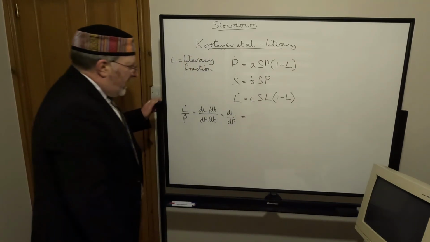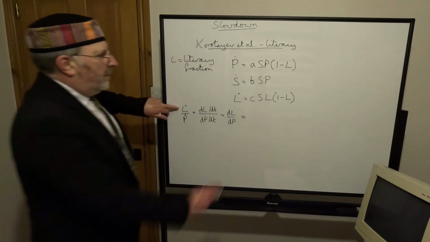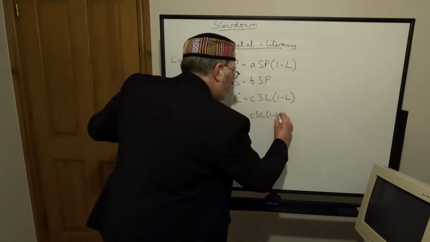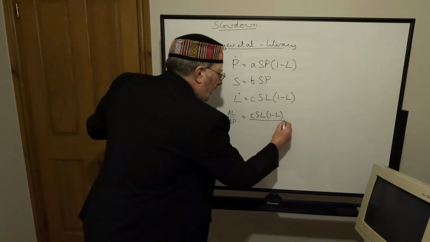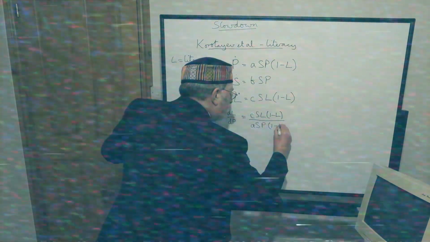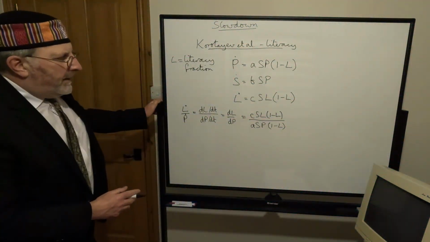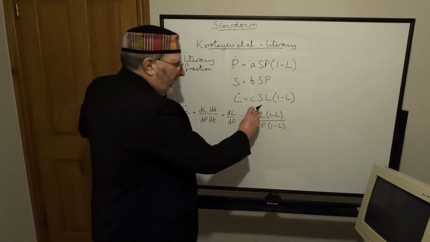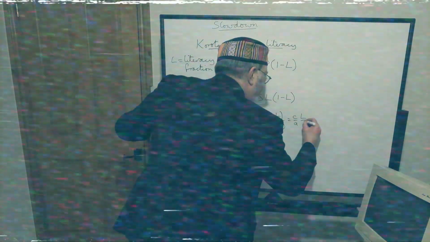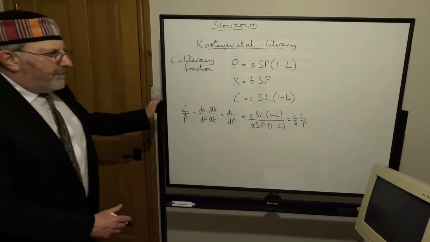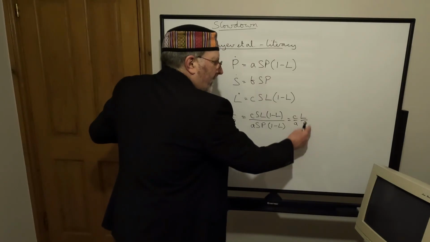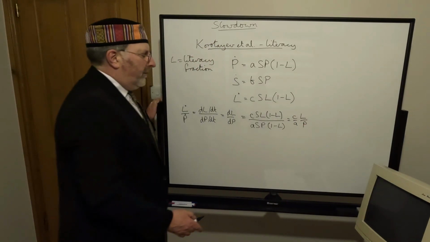And that is going then to be equal to, well, L dot is given by this, C S L into 1 minus L, and P dot is there, A S P into 1 minus L. And then quite a lot of this cancels, the S's and the 1 minus L's, so we get C over A into L over P. So our basic equation is dL by dP equals C over A times L over P. C over A is just a constant.